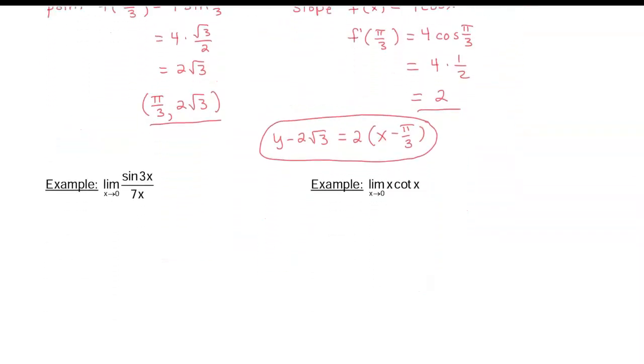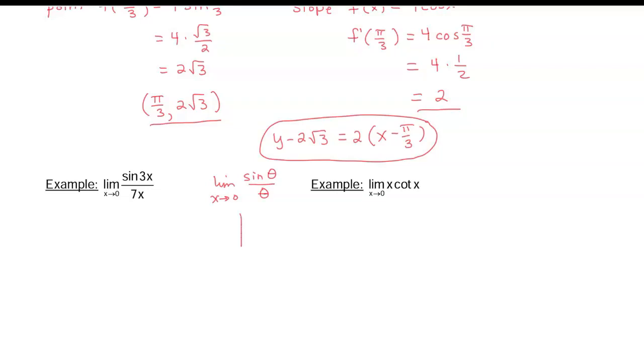The next example, we have the limit as x approaches 0 of sine 3x over 7x. Now I want you to think back to our exploration of the limit as x approaches 0 of sine theta over theta. I'm choosing to use a different variable here than x. We looked at this on the calculator.